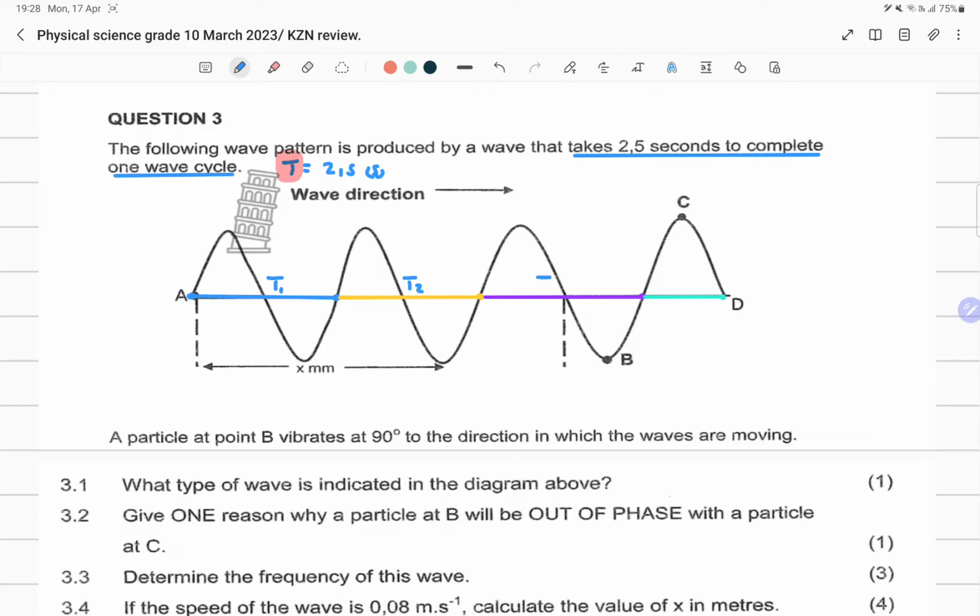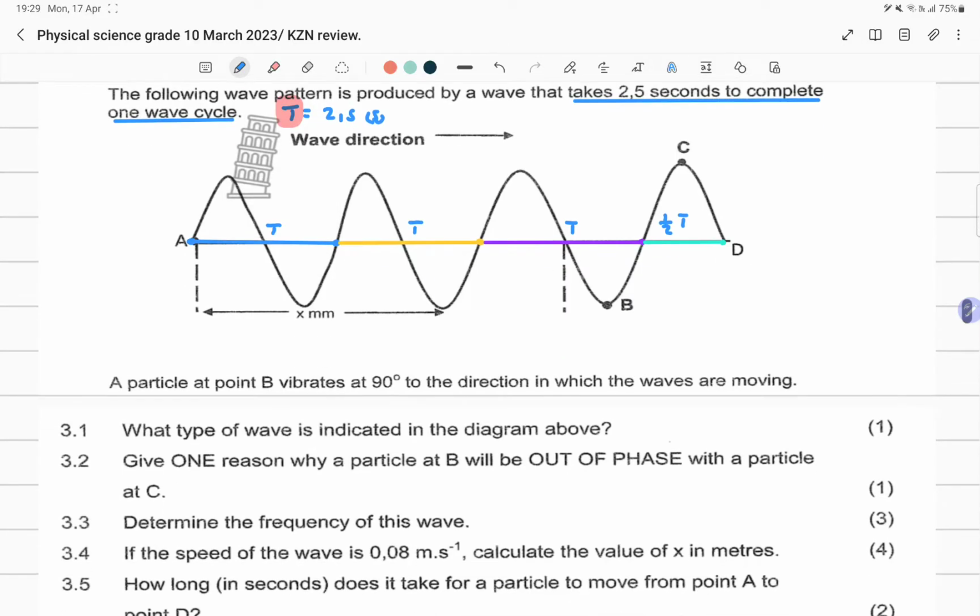This is the period T, this is still the period T, this is still the period T, but here we've got half of T, because it's not a full wave, it's half a wave. So please, guys, play with your diagrams. I promise you are going to understand the significance of this later on.